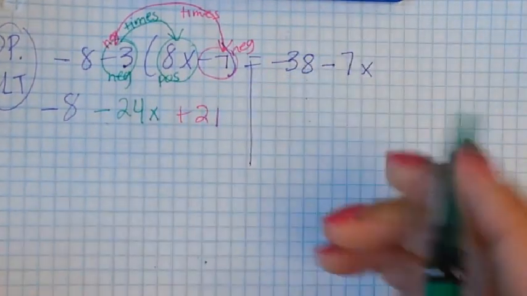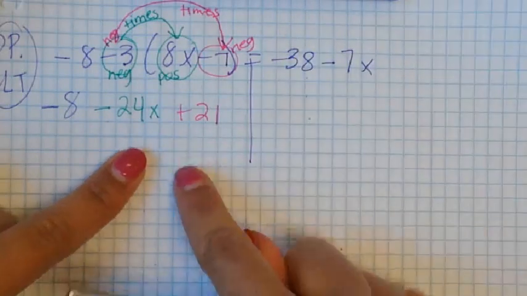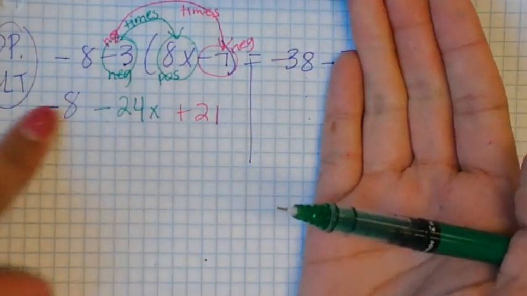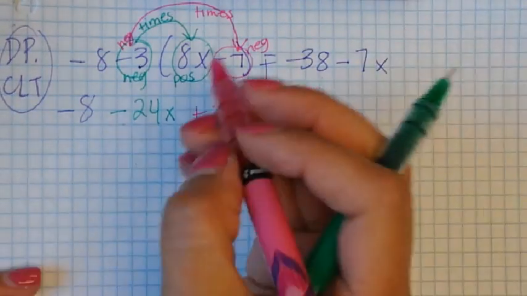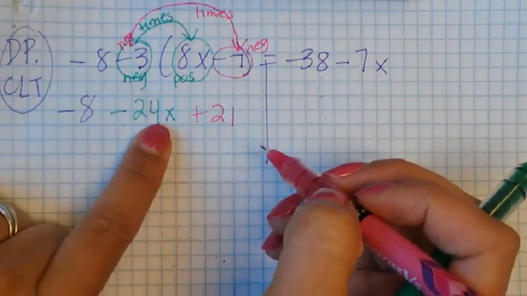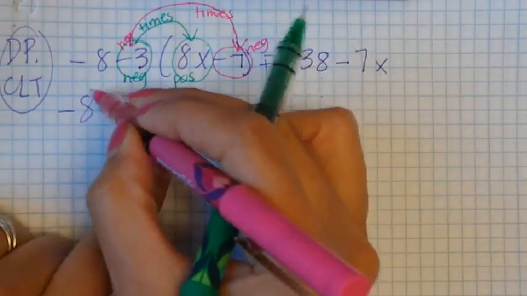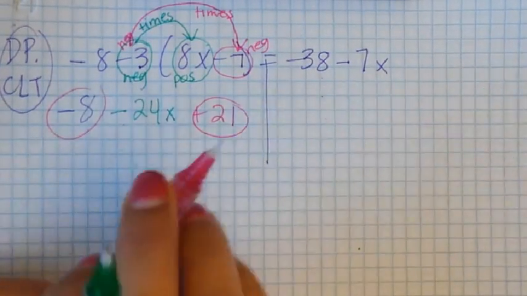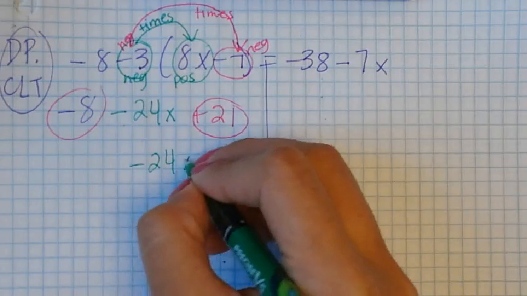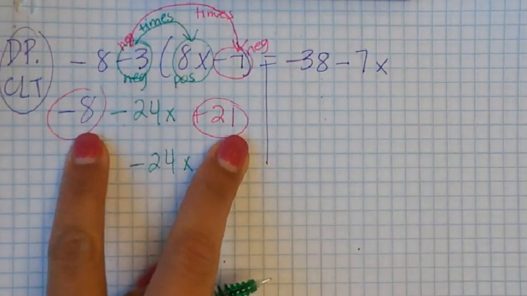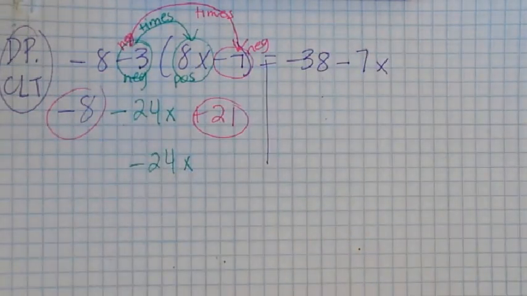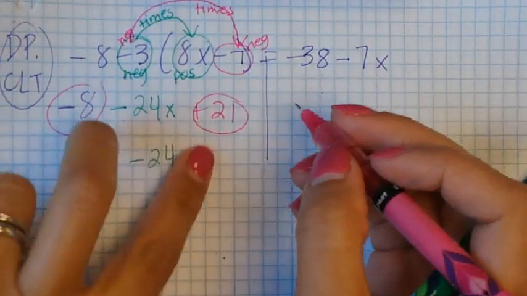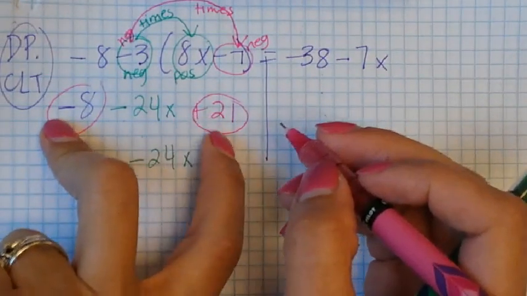On this side, I'm not ready to move to that side yet because this is not simplified all the way. I have to now combine like terms. The terms I would combine here, those are more x terms, but there are constant terms that I can combine, these two. So I'll have the negative 24x. When I add these together, this is positive and this is negative. So now you would subtract because this one's a positive and this is a negative.